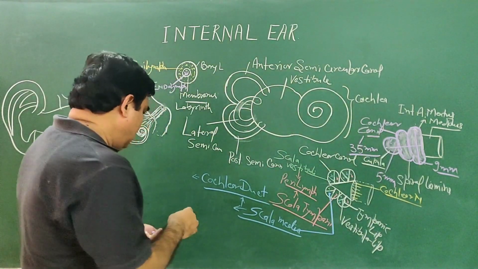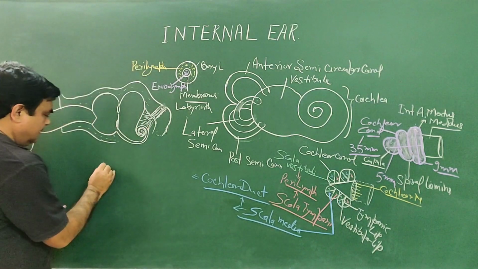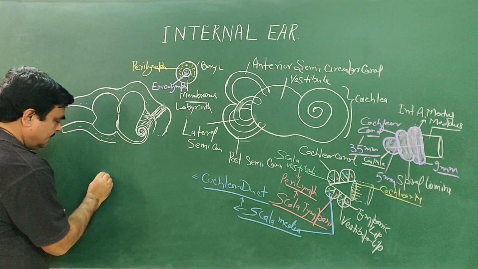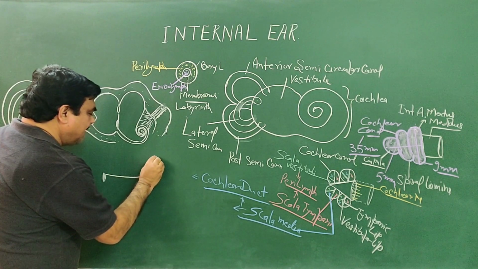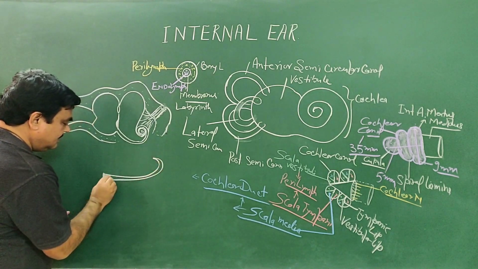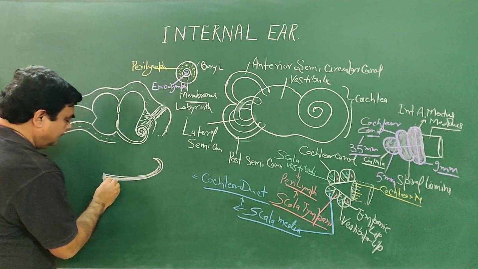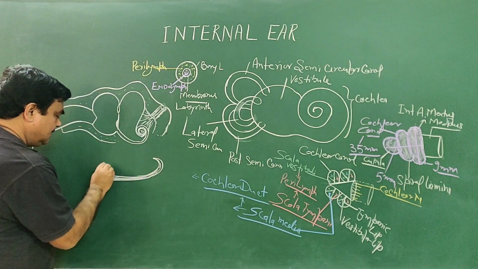If you make a simple diagram, here is the position of the spiral lamina.